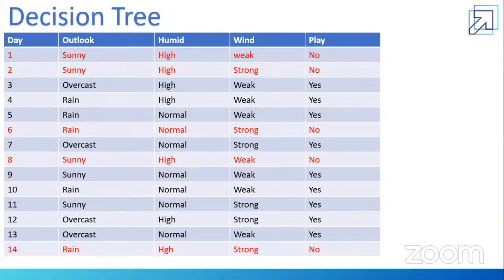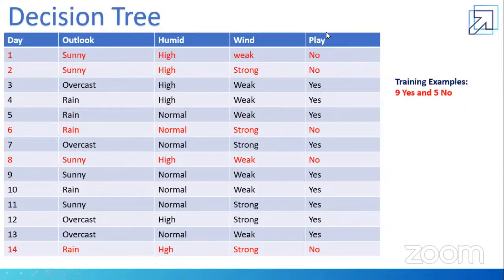So here I have this example that is having 14 rows, and it is having three input features and one output feature. So based on outlook, humidity, and wind, we will decide whether the child can go out to play or not.